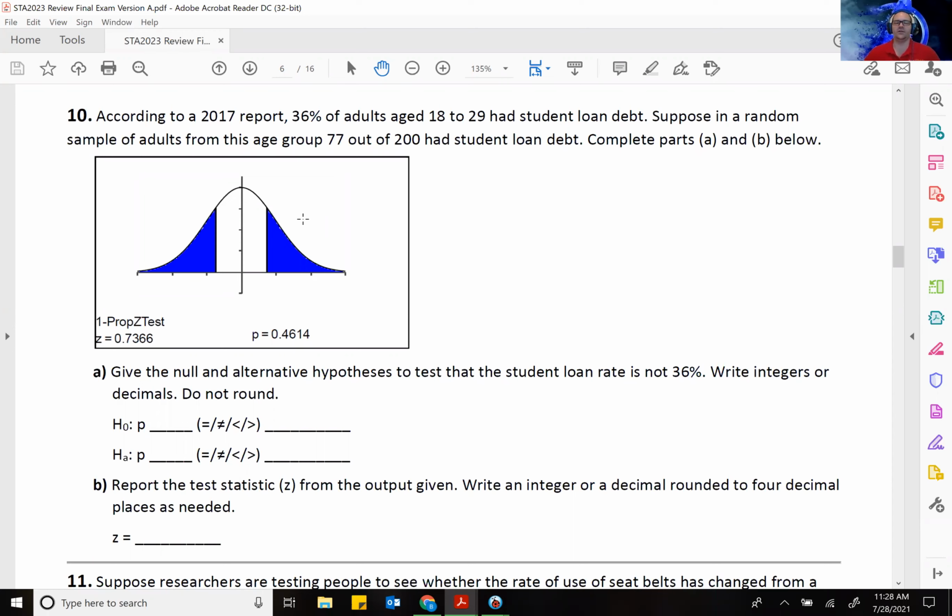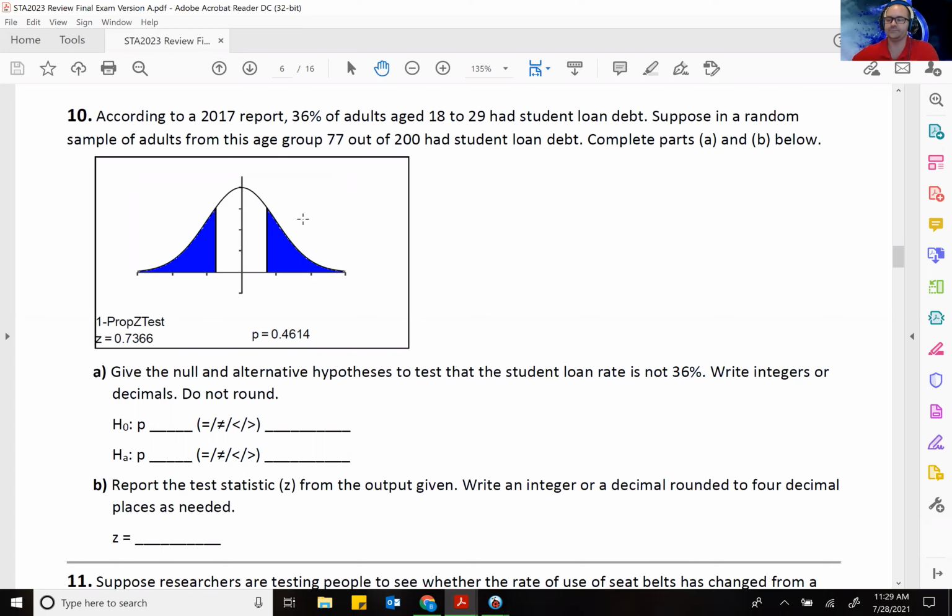So give the null hypothesis and alternative hypothesis to this test. They've given you a picture of the results. So this should also help inform you about the HA, because they don't specifically state up above what their theory is, but the picture lets us know what HA should be about.